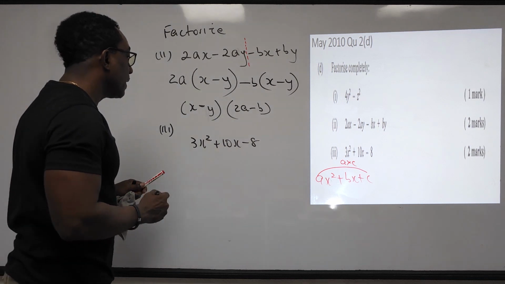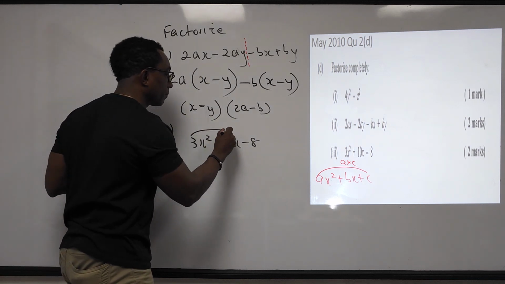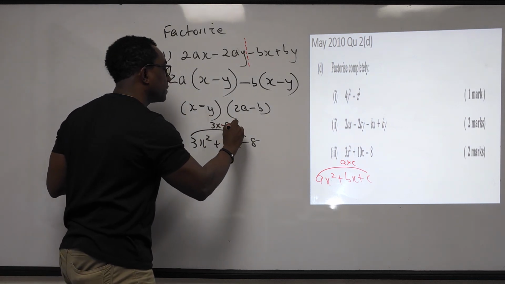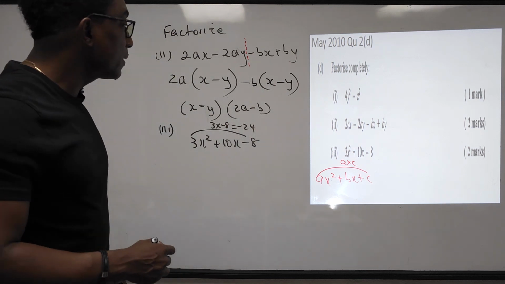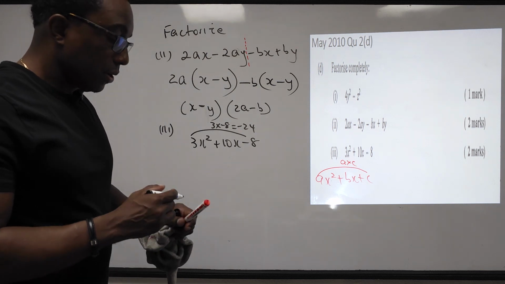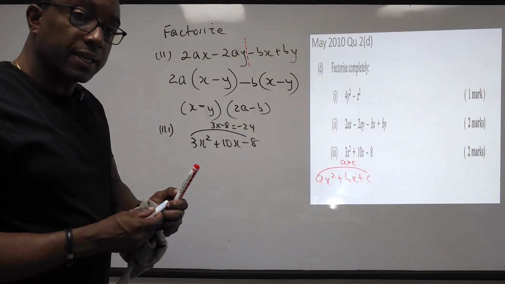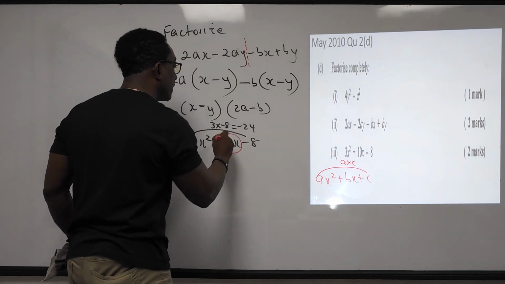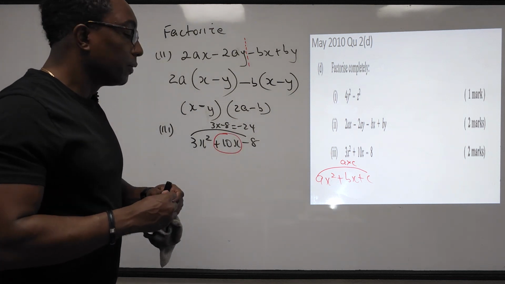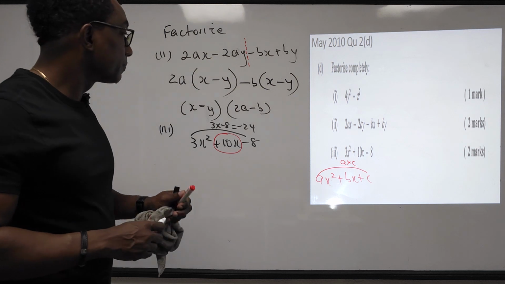So we're going to multiply 3 by negative 8, which is negative 24. And we want two factors of negative 24 that, when multiplied, will give us negative 24, but when added or subtracted can help us to get that middle term, which is plus 10x.